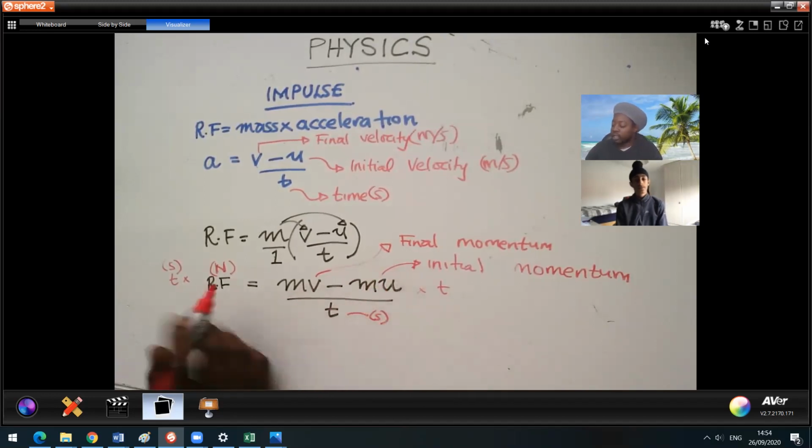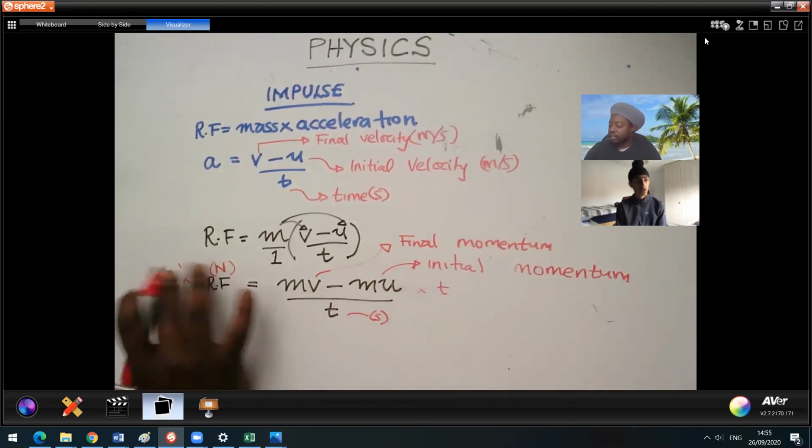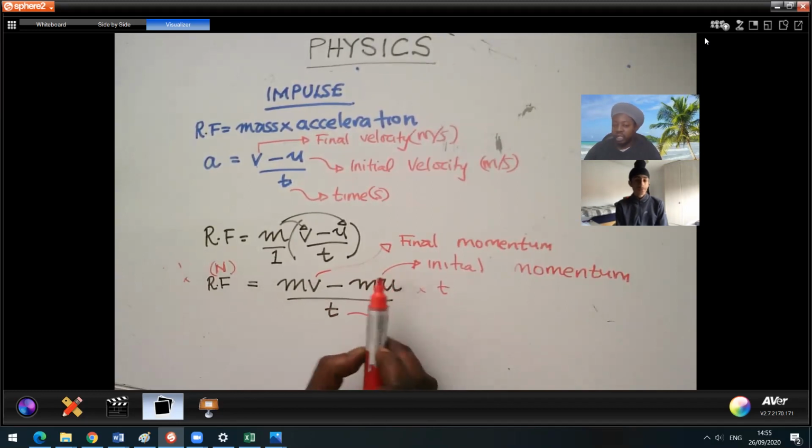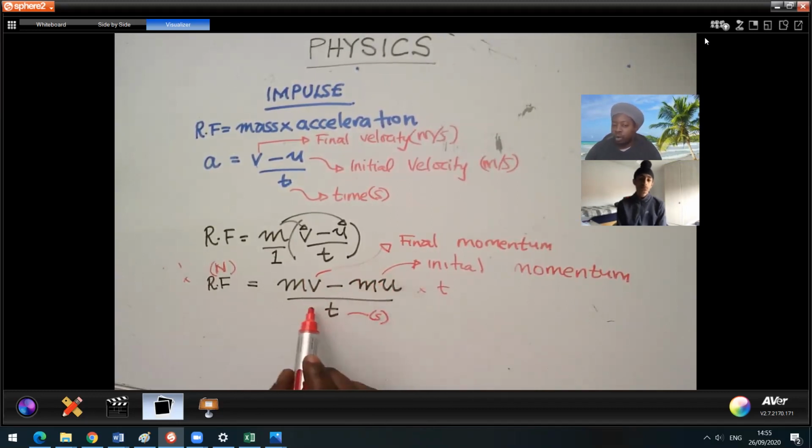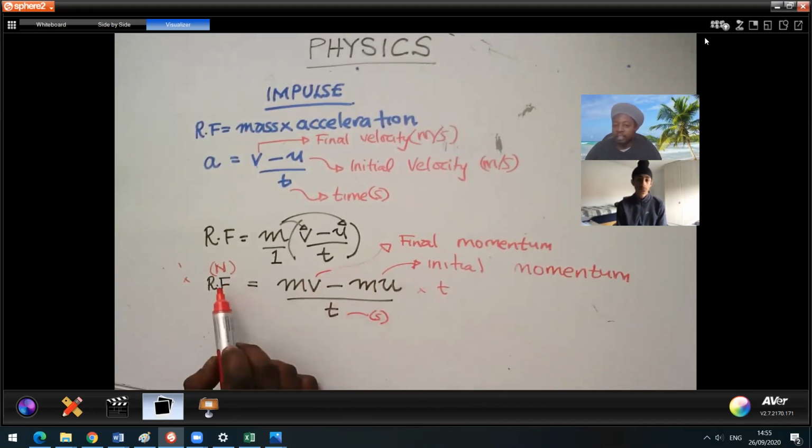So what this is actually telling us is that if something changes its momentum over a long period of time, then the force that acts is far less. Let's give an example of a cricket ball.